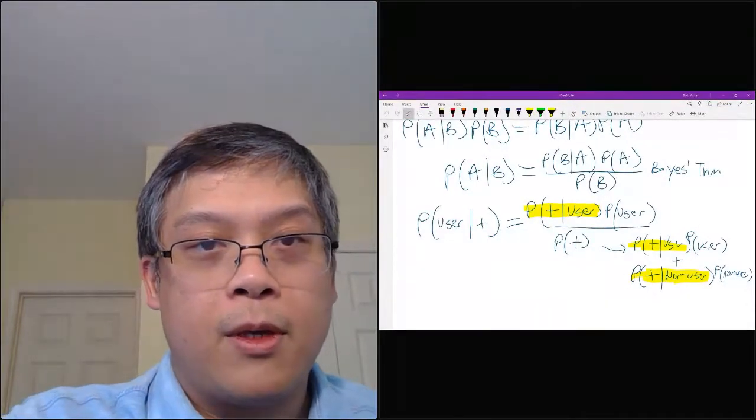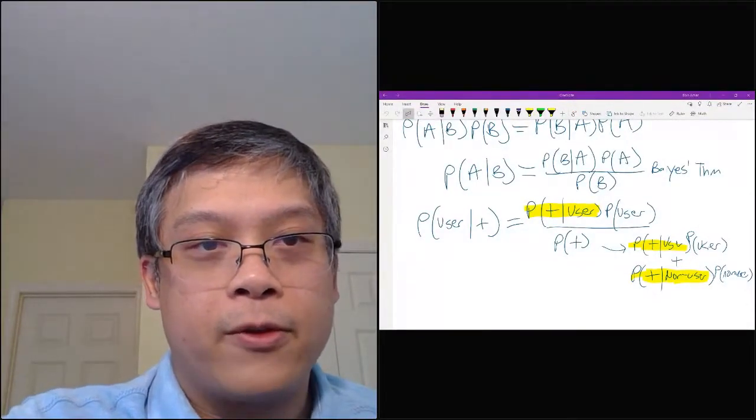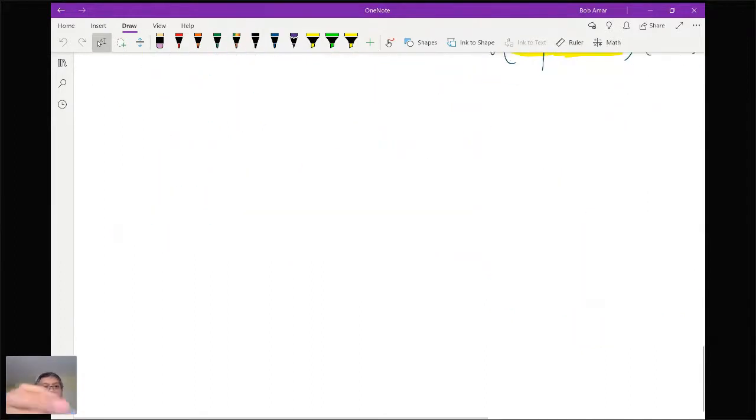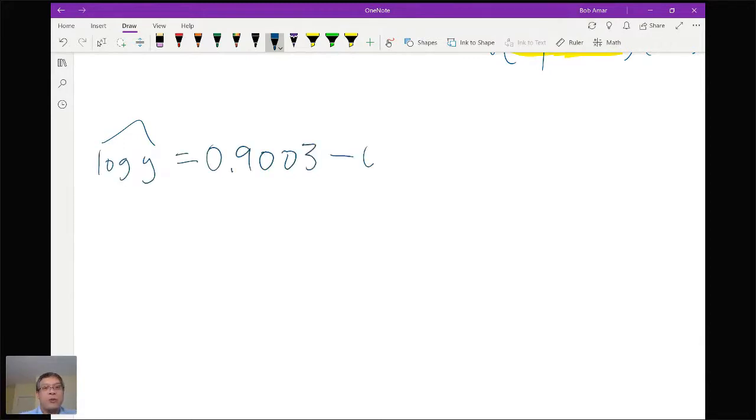Okay. So from the transformations, I found that when I graph it, the predicted value of log y is 0.9003 minus 0.0504x.